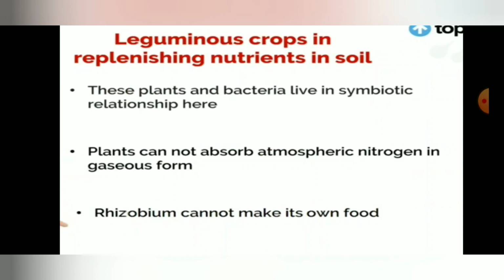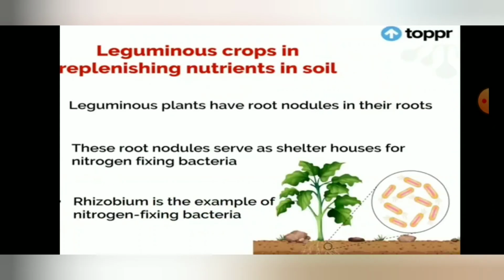The plants can absorb the atmospheric nitrogen in gaseous form. Rhizobium cannot make its own food. That's why leguminous plants have root nodules in their roots, and these root nodules serve as shelter houses for the nitrogen fixing bacteria. Some plants like leguminous plants don't have the capacity to get atmospheric nitrogen easily.